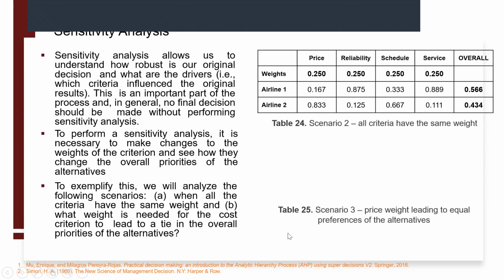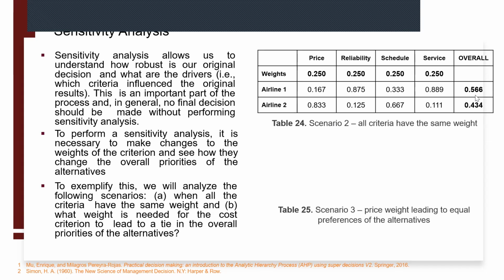So you divide the whole value 1 into 4. So that's why we have 0.25, 0.25, 0.25, 0.25, and then you multiply that, you arrive at these values. So the meaning of that is that if everything is equal, if the weights are equal, we will choose airline 1.